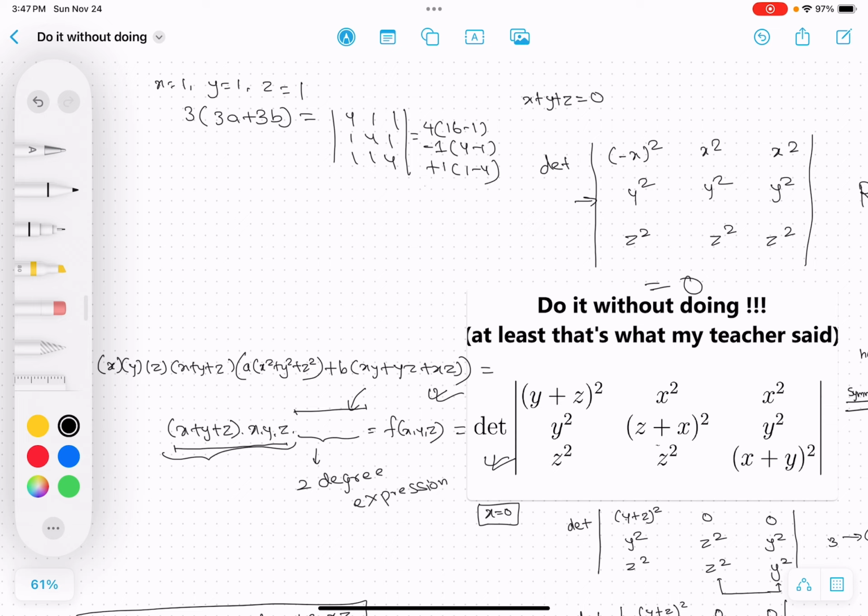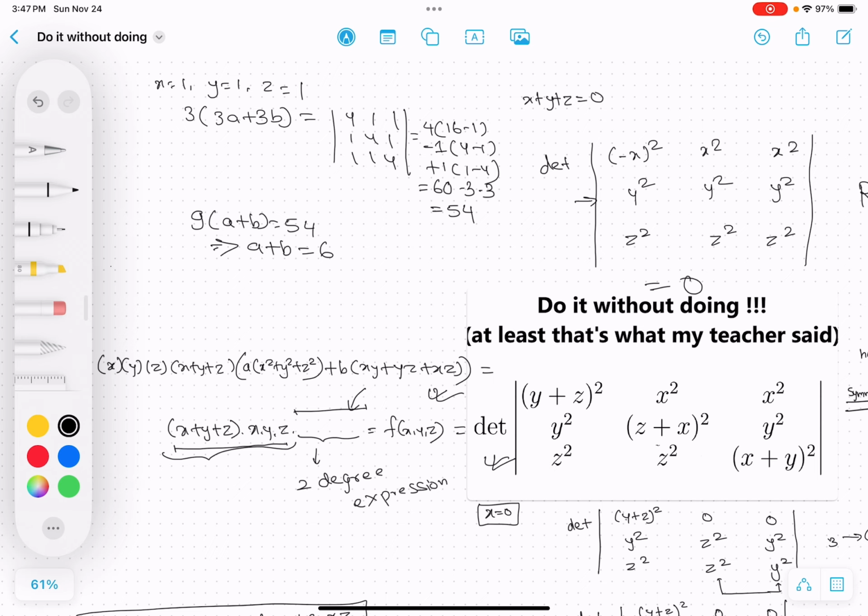That's 60 minus 3 minus 3, that's 54, right? So we get this equation: 9 times a plus b equals 54, which essentially means a plus b needs to be 6.